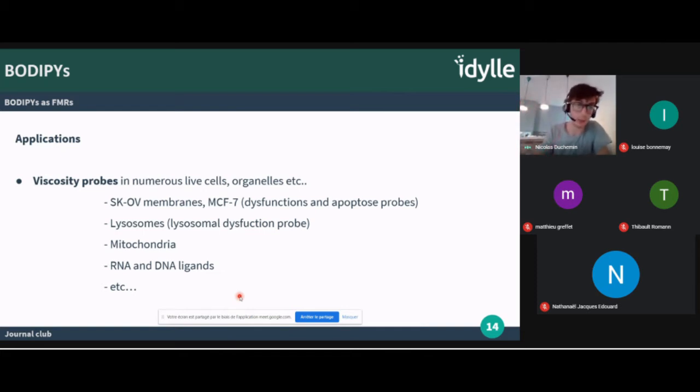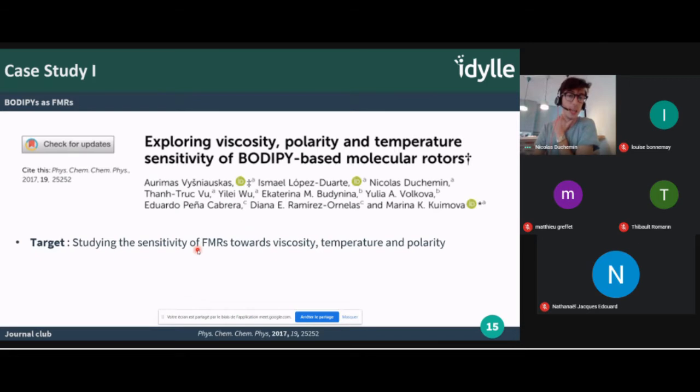They've been used, and it's a very nice study, as very efficient DNA origami ligands to do DNA-PAINT, for instance. So we're going to have a little look at two case studies to see a little bit how you can actually design, evaluate, and use BODIPYs.